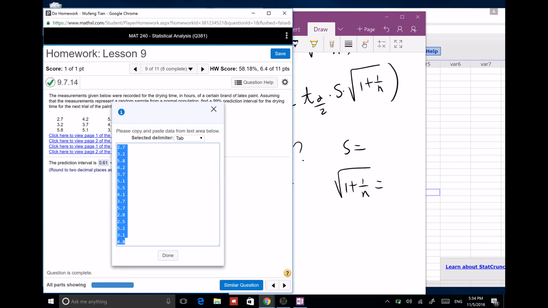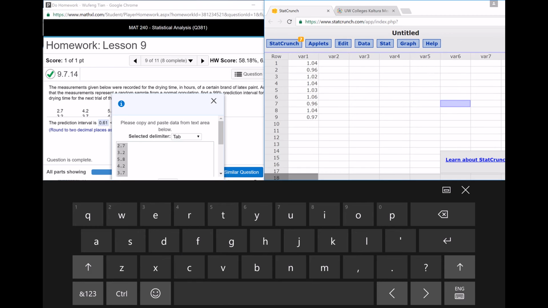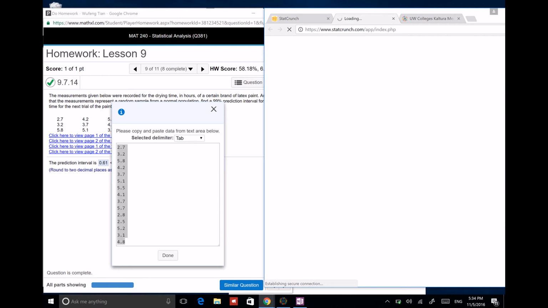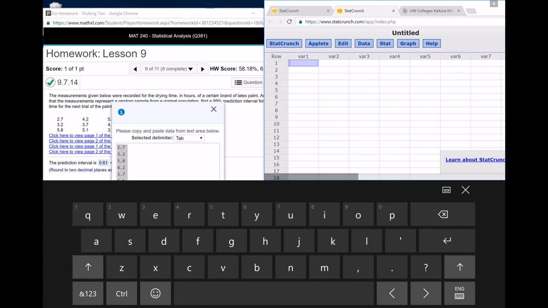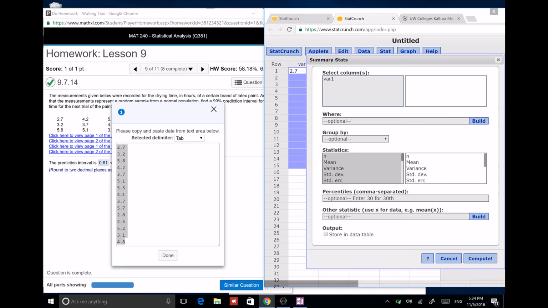Control C, copy that, and I want to use a brand new table, new data sample, Control V, and then I do Stat, Summary Stats, Columns, Compute.